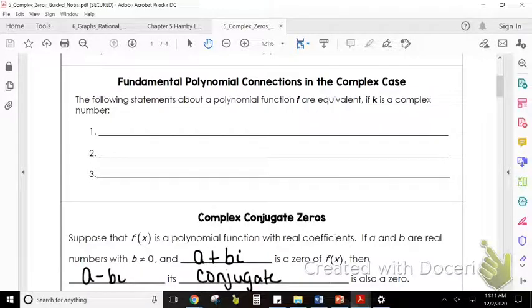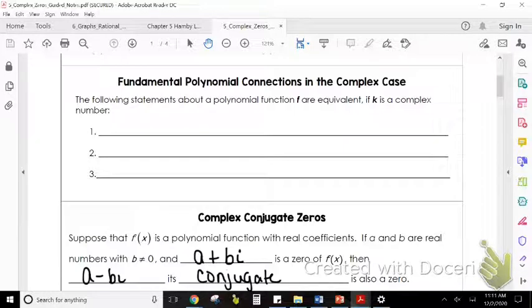So complex numbers, imaginary numbers, come in conjugate pairs. If I have a plus bi, then a minus bi is automatically going to have to be a 0. So if I have 2 plus i, then 2 minus i is automatically a 0. If I have 3i, then negative 3i is also automatically a 0.